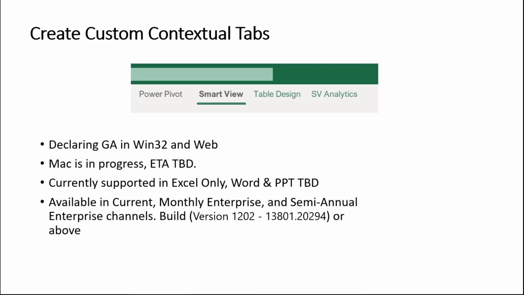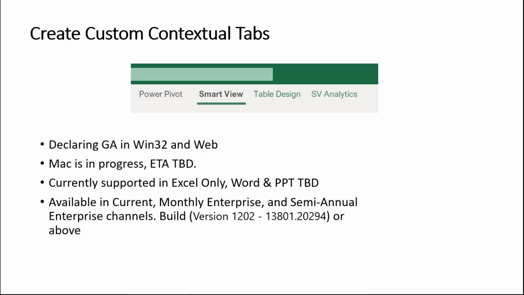So, leveraging the Office model of contextual tabs, which allows you to actually show a set of contextual commands when a user is working on a task. A good example of an Office contextual tab is, say you're in an Excel file and you click on a table and the table format tab shows up in the ribbon.